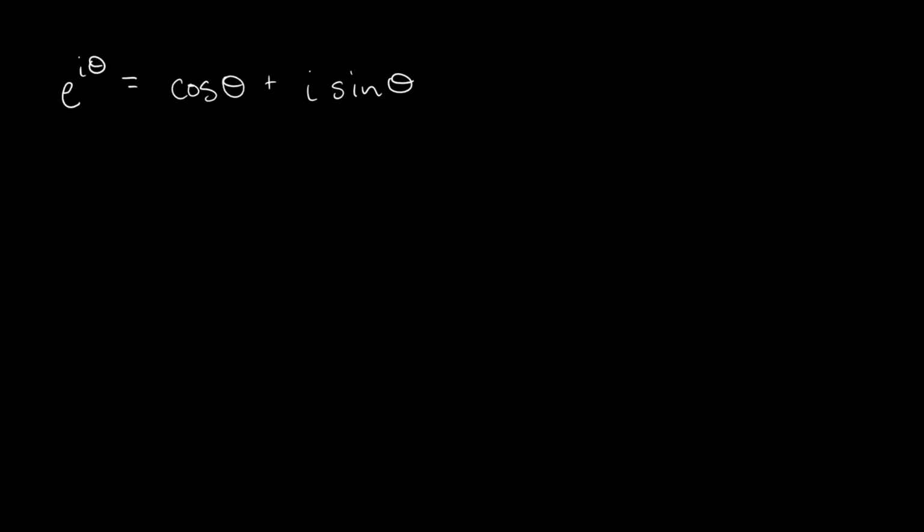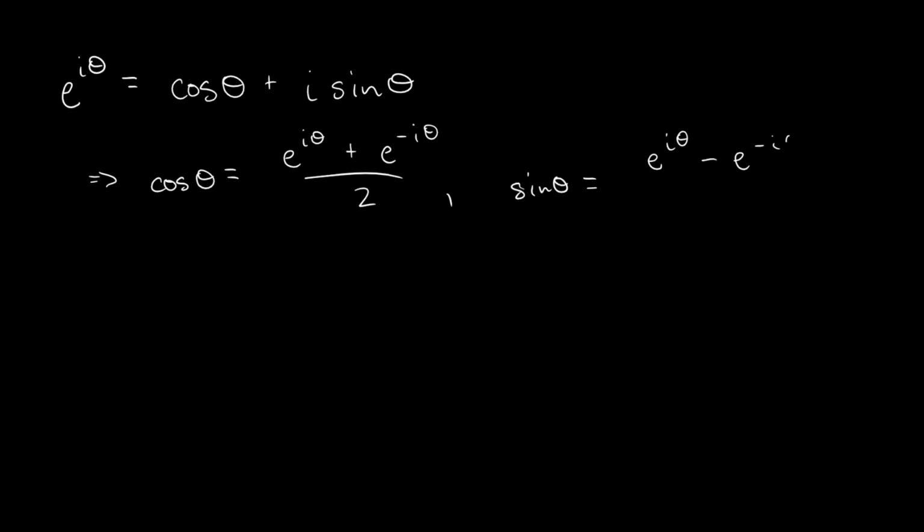I can, of course, invert this to give me that cosine theta is e to the i theta plus e to the minus i theta over 2, and sine theta is e to the i theta minus e to the minus i theta over 2i.